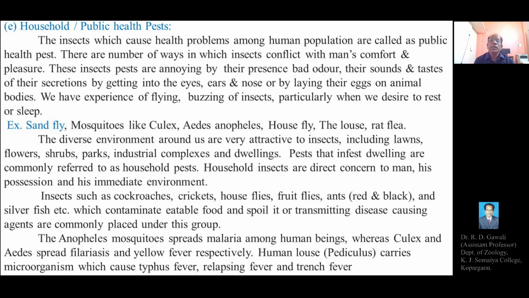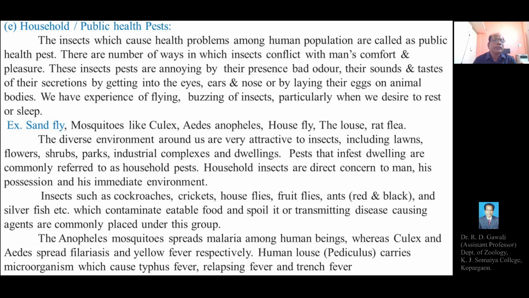For example, sand fly, mosquitoes like Culex, Aedes, Anopheles, housefly, louse, rat flea. So these are the public health pests or household pests attacking man and causing harm.